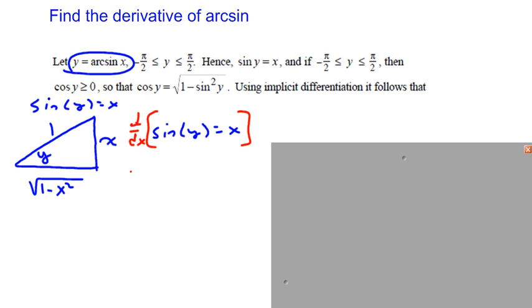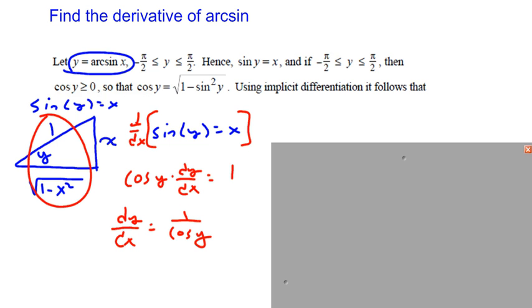So the derivative of the left side becomes cosine of y times dy dx equals 1. And then we can solve for dy dx. And then using this relationship that we just found, this triangle, we know that cosine of y is just root 1 minus x squared over 1.